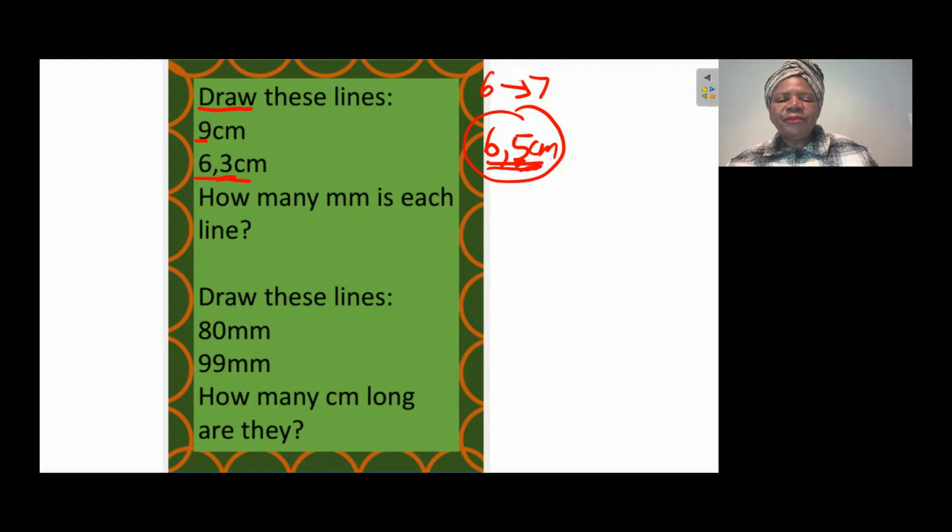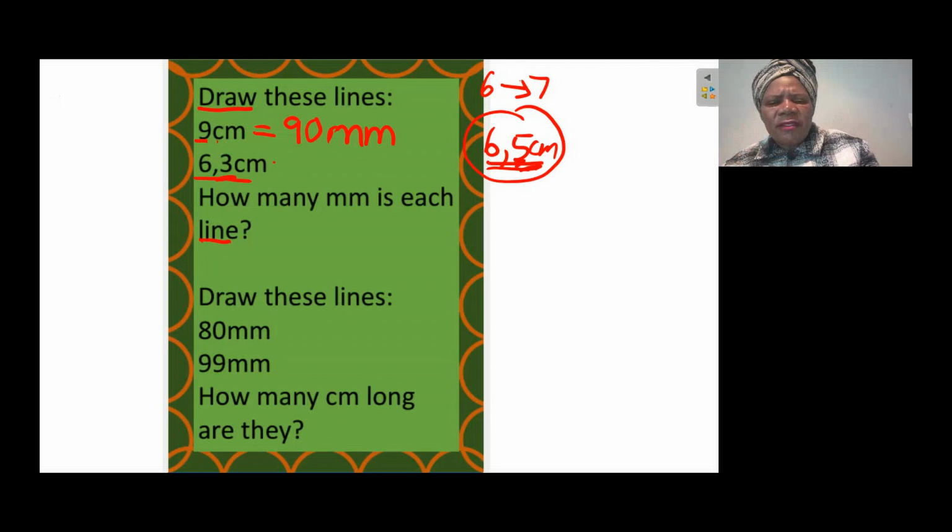Now, how many millimeters is each line? Like 9 centimeters, how many millimeters is it? If you check the opposite side, you have 10, 20, 30, 40, 50, you will see that 9 centimeters has 90 millimeters.